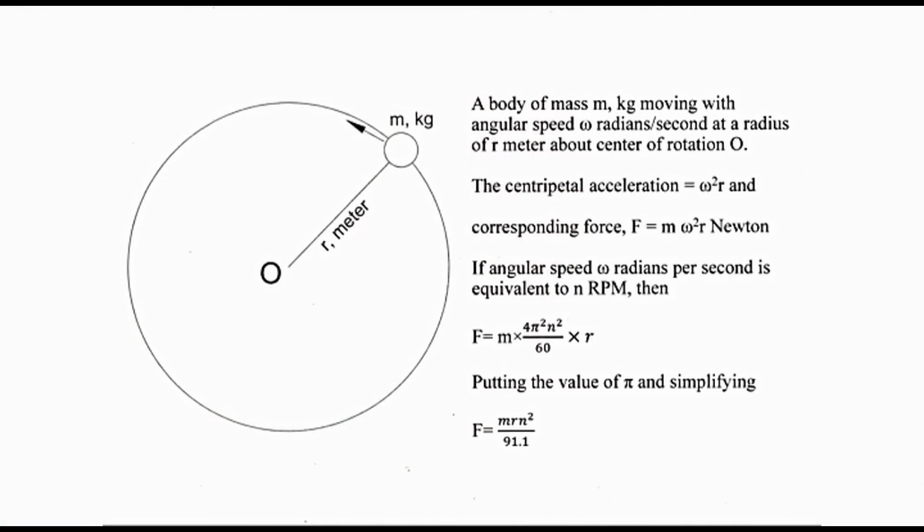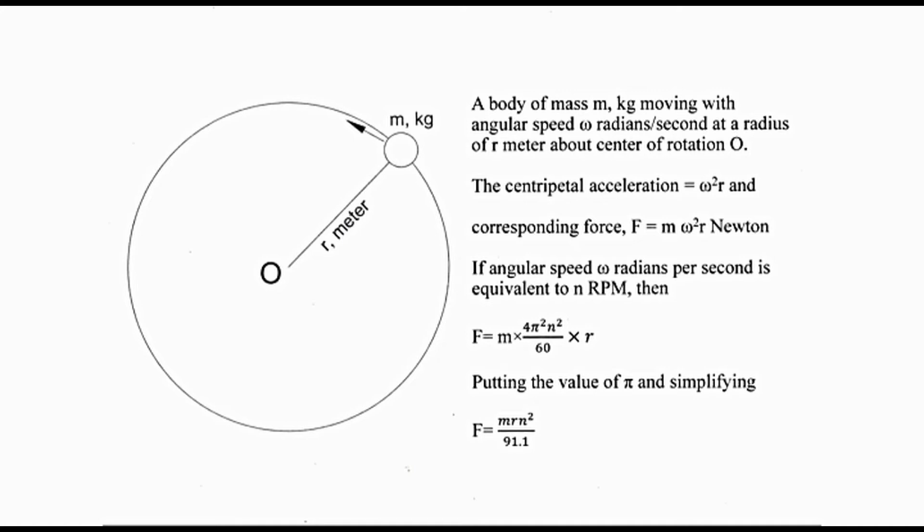Let us consider the following. A body of mass m kg moving with angular speed omega radians per second at a radius of r meter about center of rotation O. The centripetal acceleration is equal to omega square r and the corresponding force is equal to m omega square r Newton.